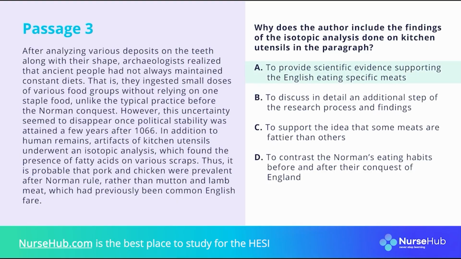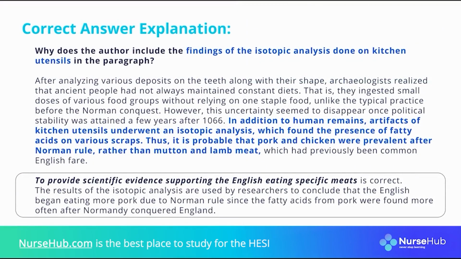Okay, so our correct answer here is to provide scientific evidence supporting the English eating specific meats. So, the results of this analysis are used by researchers to conclude that the English began eating more pork due to Norman rule, since the fatty acids from pork were found more often after Normandy conquered England.